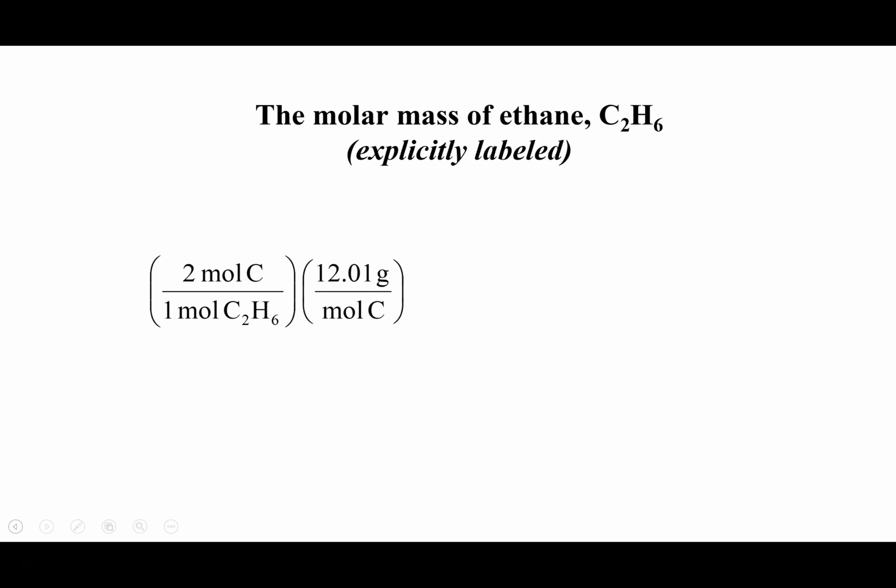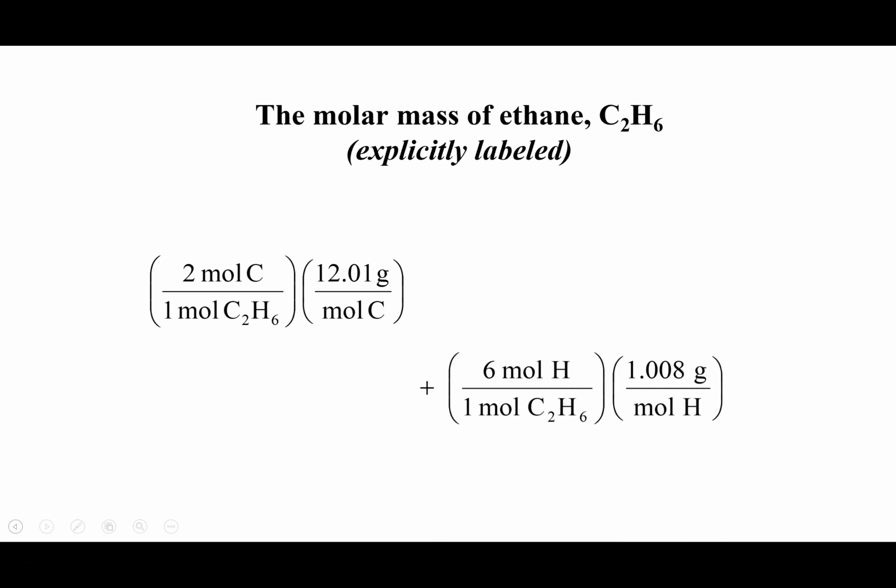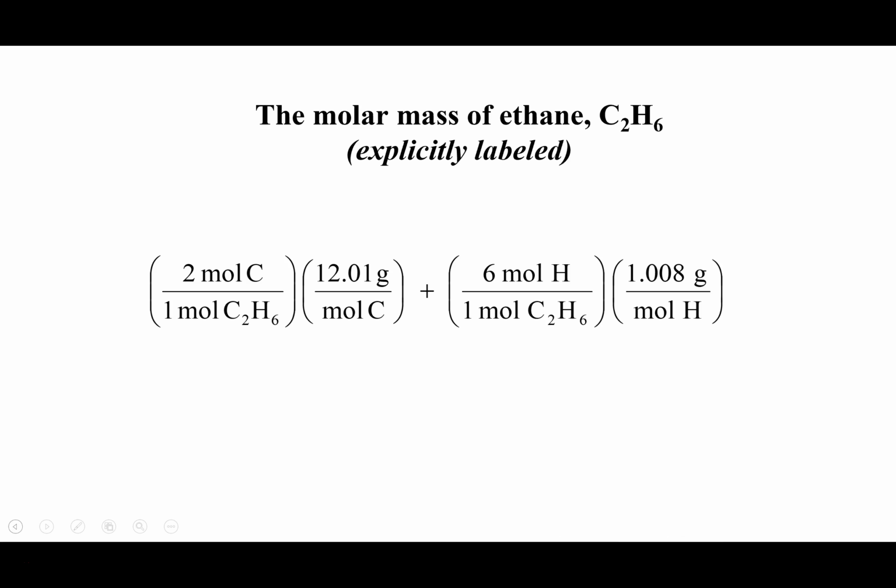From the formula of ethane, C2H6, we know that in 1 mole of C2H6 we would have 2 moles of carbon atoms. The decimal number for carbon is 12.01 grams per 1 mole of carbon. Then we need to account for the hydrogens. According to the formula, we have 6 moles of hydrogen atoms for every 1 mole of the compound.